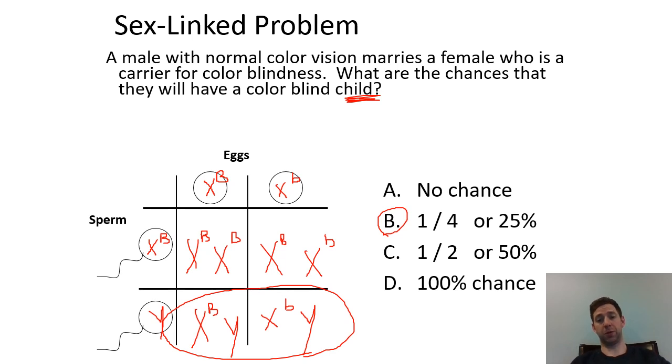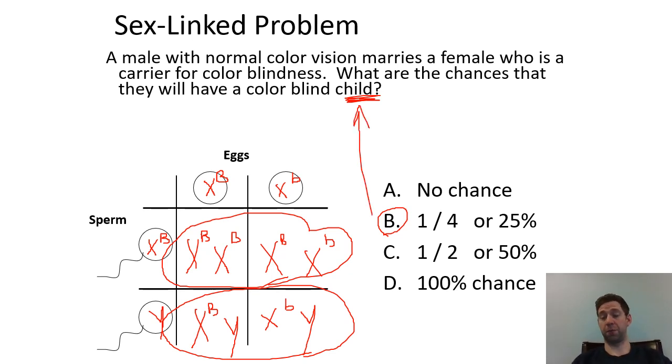It would be 50%. If this couple had a girl, what are the chances she's colorblind? It would be 0%. But since the question is, this couple has a child, we don't know if it's male or female, what are the chances it's colorblind? 25%. So just be really careful when you read those questions, underline, annotate, make sure you're following along clearly.